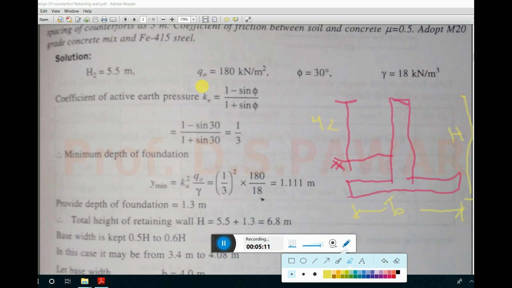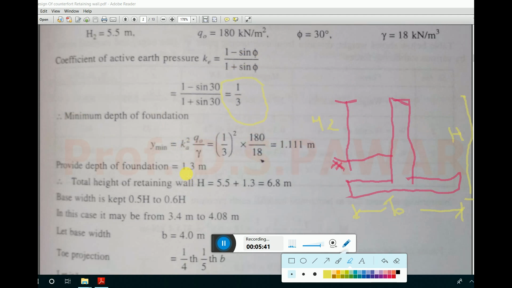Given data: H2 is 5.5, SBC is 180, phi is 30 degree, gamma density is 18. Now first thing we are going to calculate is the coefficient of active earth pressure, which is (1 minus sine phi) divided by (1 plus sine phi). If you put the value here, the coefficient of active earth pressure is 1 by 3. The minimum depth of foundation required, we have to use this formula to get the depth, and this is ym, the depth below which we put our foundation.